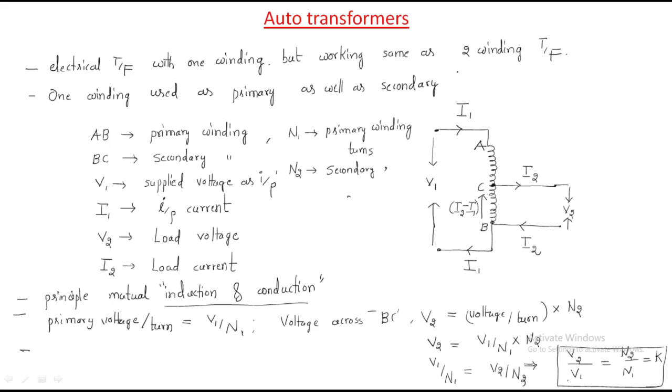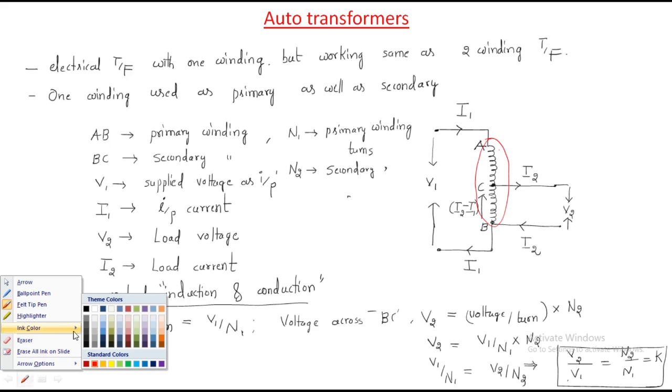But observe here, in the two winding transformer we are using two windings, but in place of two windings we are using only a single winding. This single winding can do the work of two windings. But we have a condition.